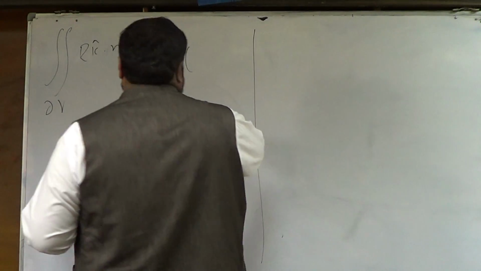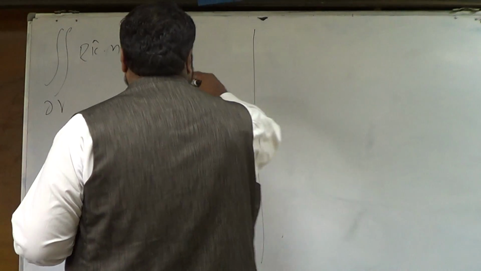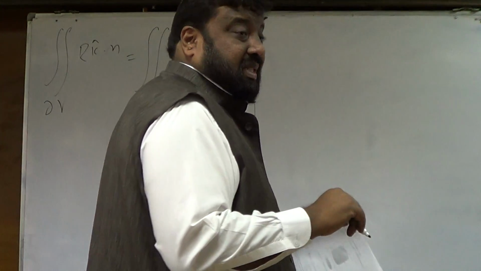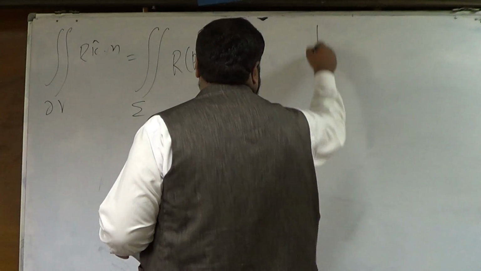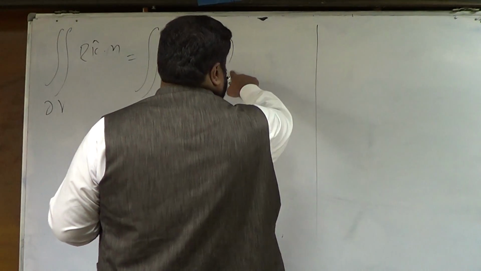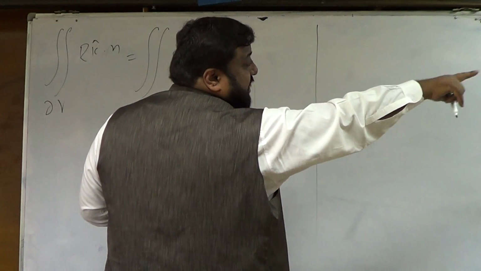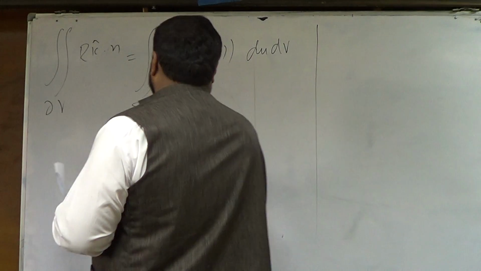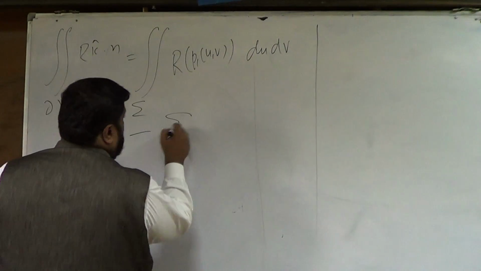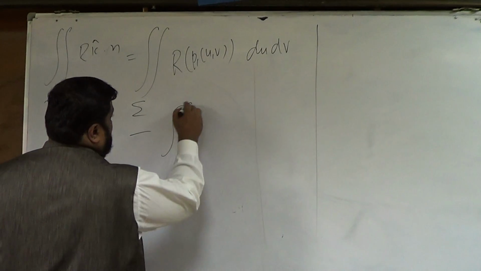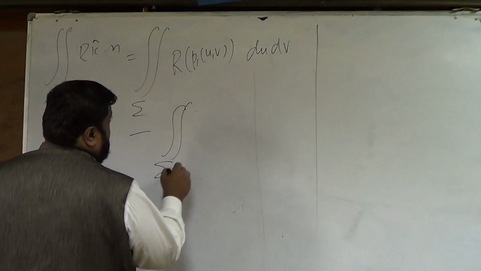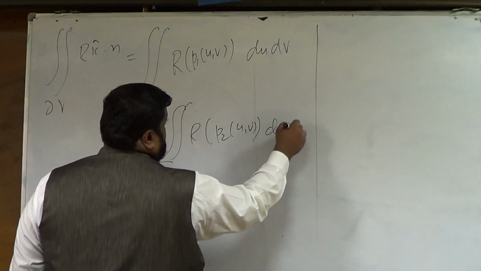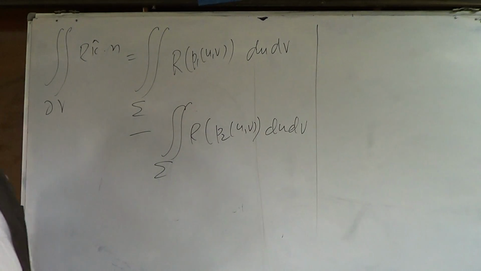So for the first integral, let's call it P1 UV, and K dot n is 1. So it is the double integral of R of P1 UV du dv, minus the double integral over sigma of R of P2 UV du dv actually. Isn't it?